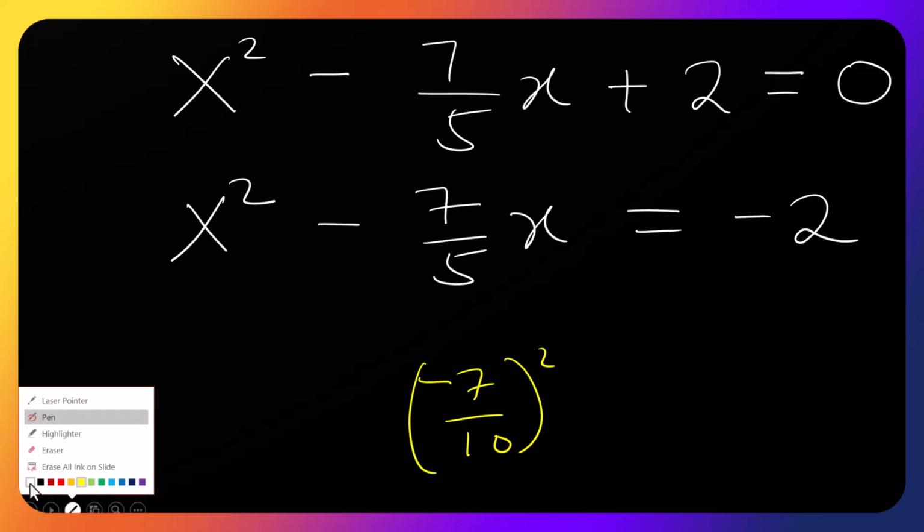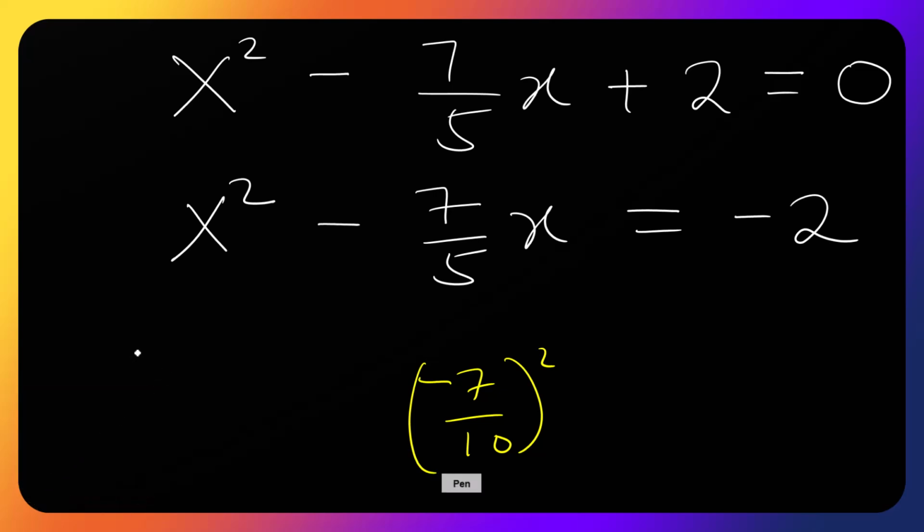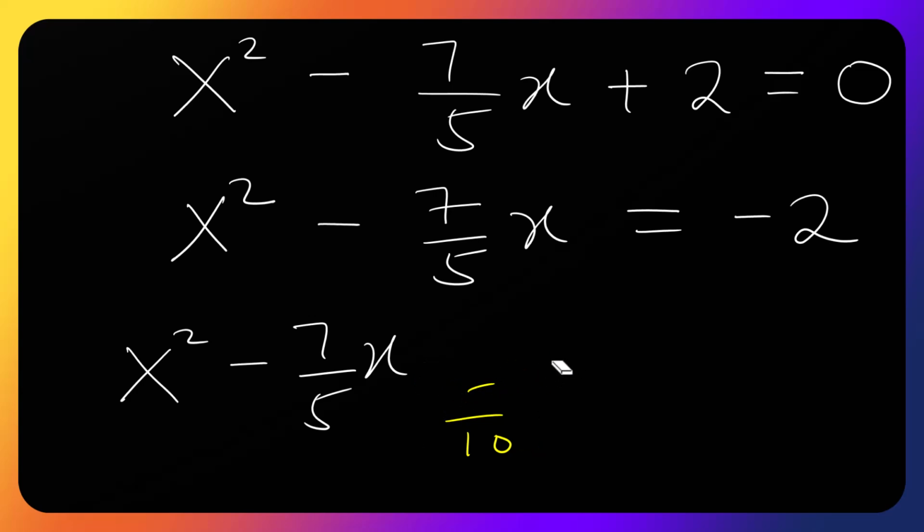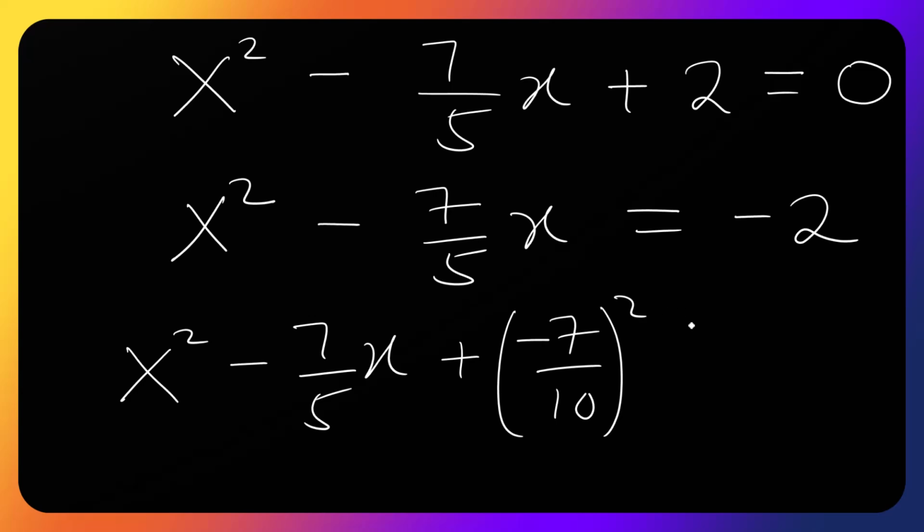So we have x² - 7/5 x + (-7/10)² = -2 + (-7/10)².